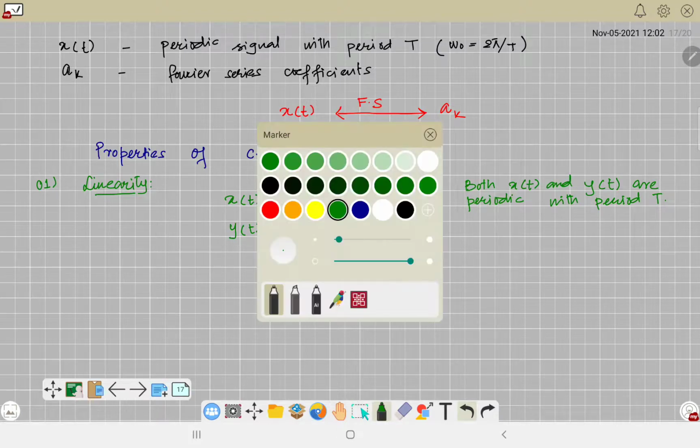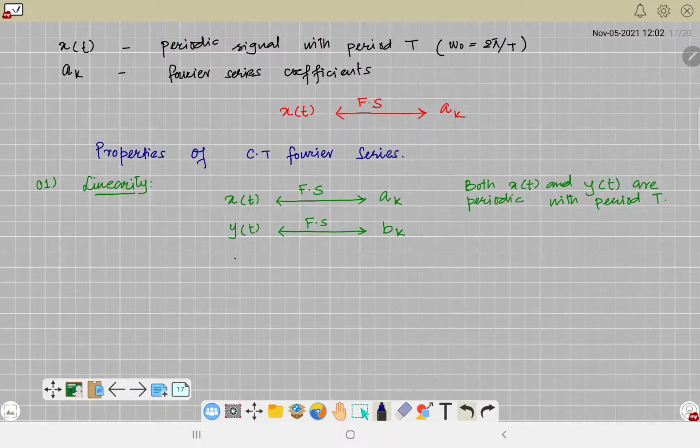Okay? So suppose I define a new signal, let's say z of t, as a linear combination. Linear means you have some constants a and b, like this. So we have defined a new signal which is the linear combination of the two signals which have the period T. And now let's suppose its Fourier series has some coefficient, say c of k.